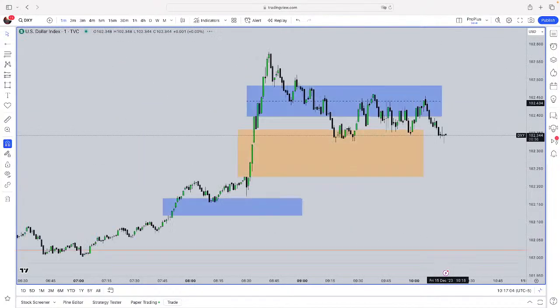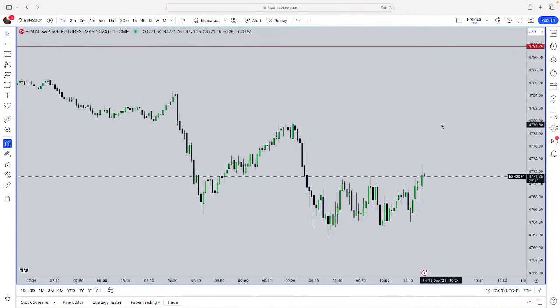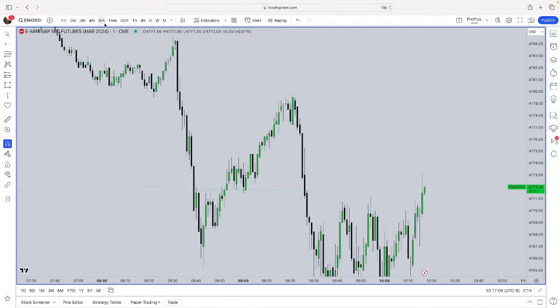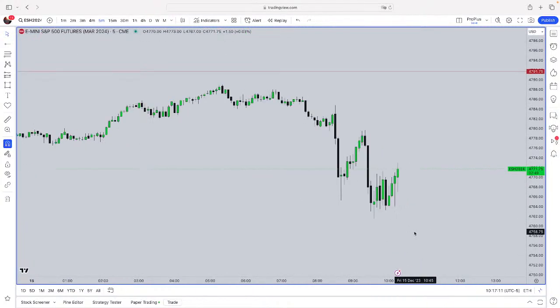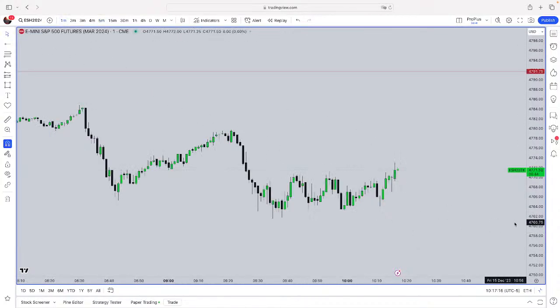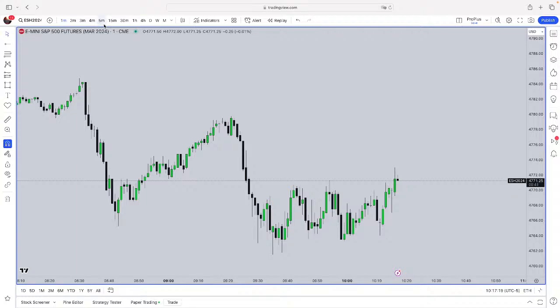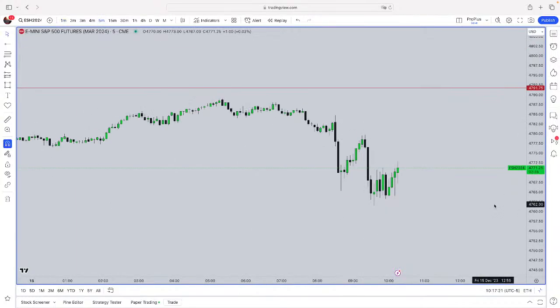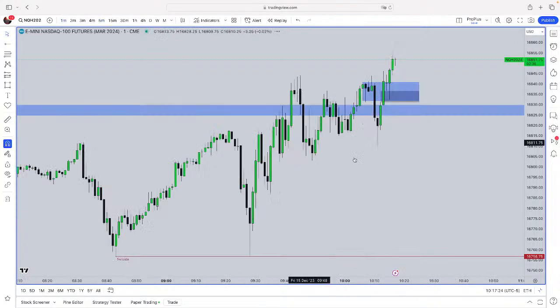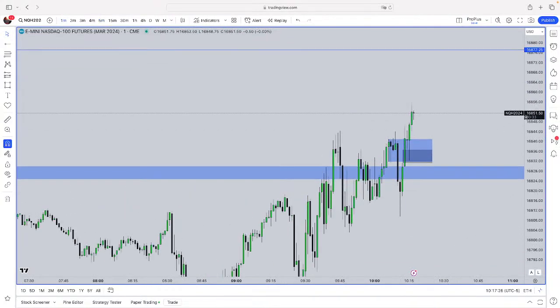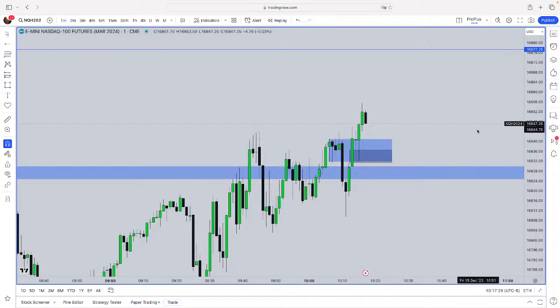Take a look at the E-mini S&P. So I don't see anything yet.